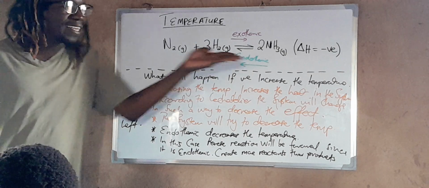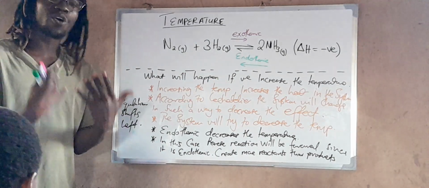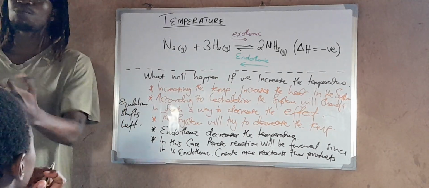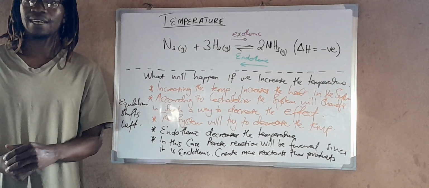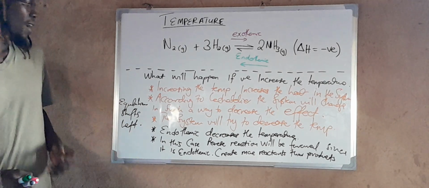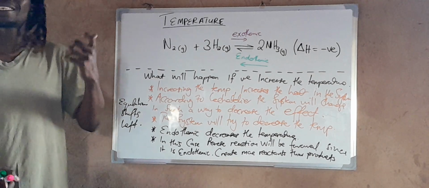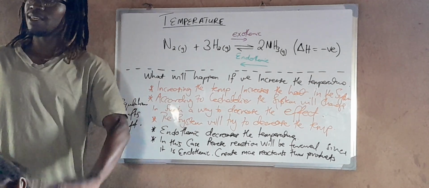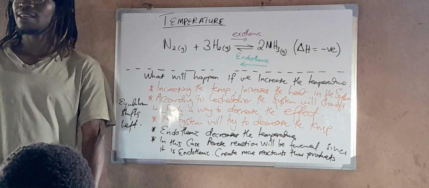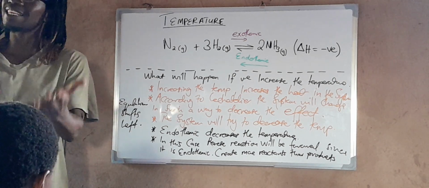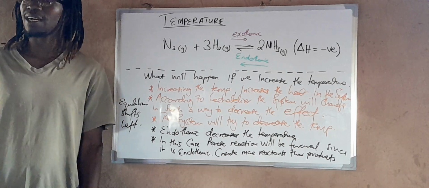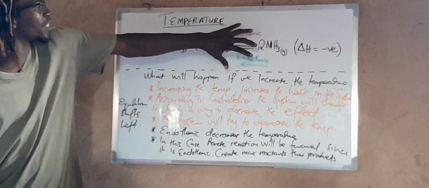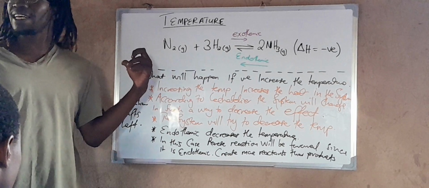So if the heat is increased in the system, according to Le Chatelier, the system will change in such a way as to reduce the effect that was done, right? And so it means that the system will try to decrease the temperature, right? Yeah. And the endothermic is the reaction that absorbs the heat. So it means that it decreases the temperature, right? So according to this case, the reverse reaction is the endothermic.